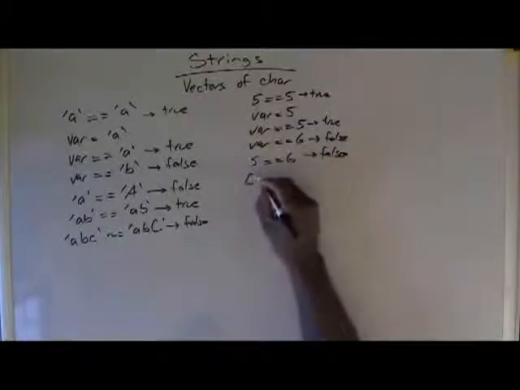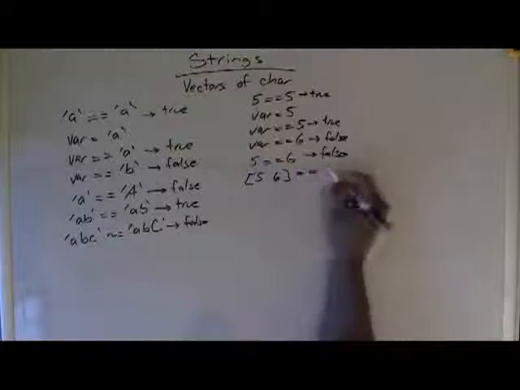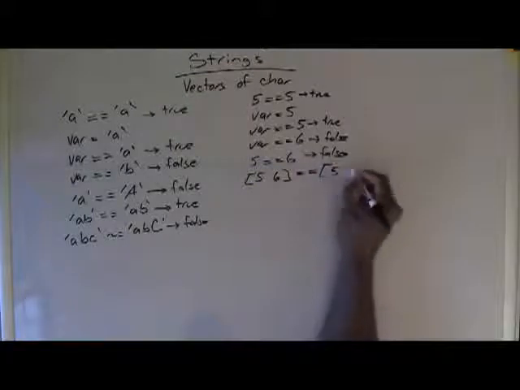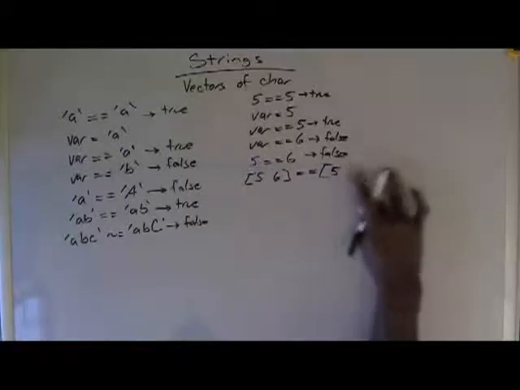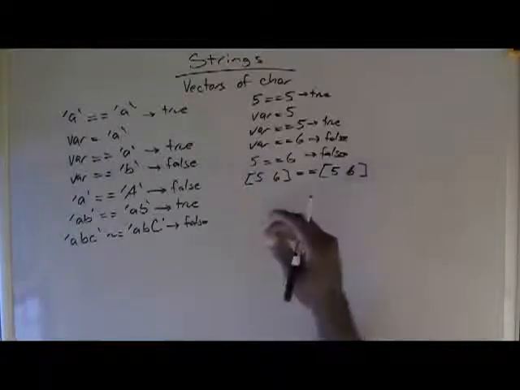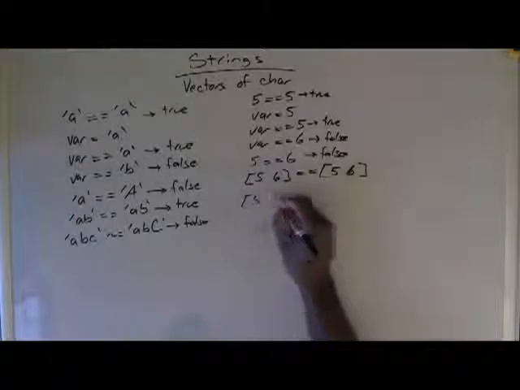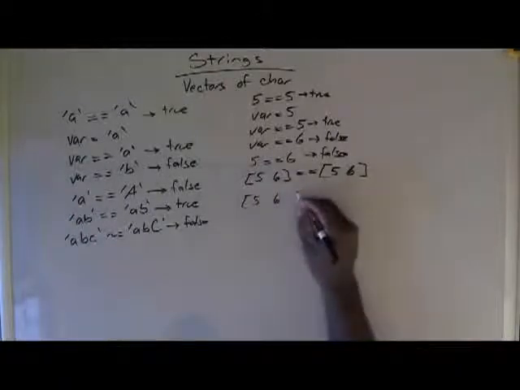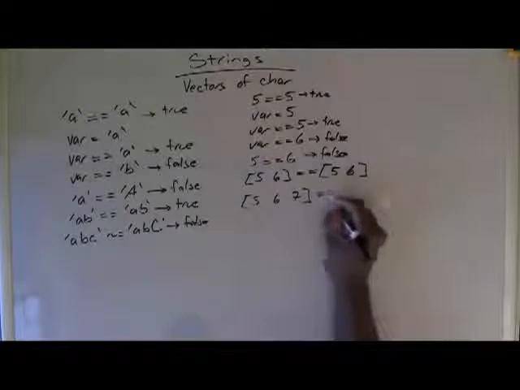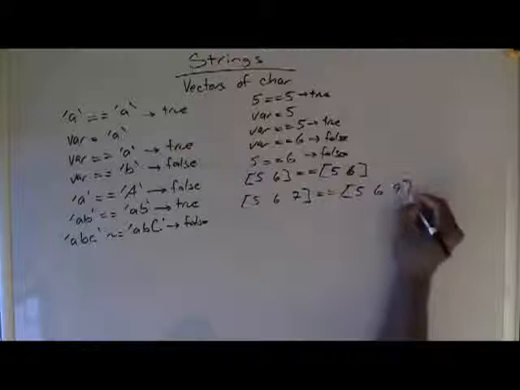Then I could say, does vector 5, 6 equal vector 5, 6? Not 56, but 5, 6. And that would give me true. And then I could ask, well, does vector 5, 6, 7 equal vector 5, 6, 9?